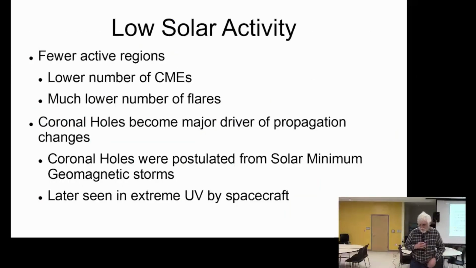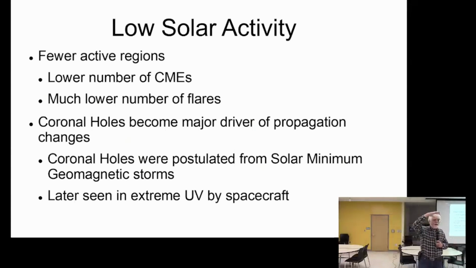Okay, during low solar activity, there are fewer active regions. There's a lower number of CMEs. There's a much lower number of flares, and the major driver of propagation disturbances and changes is a thing called a coronal hole.